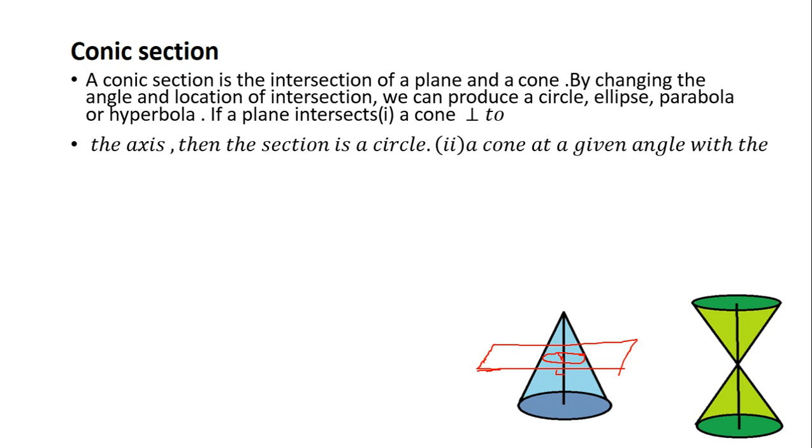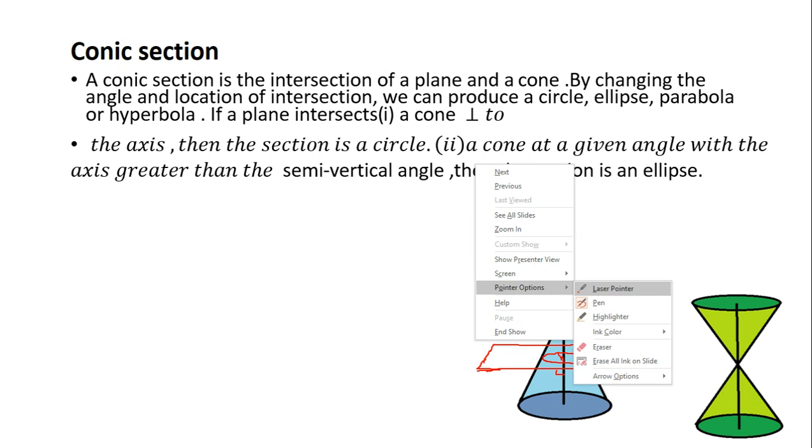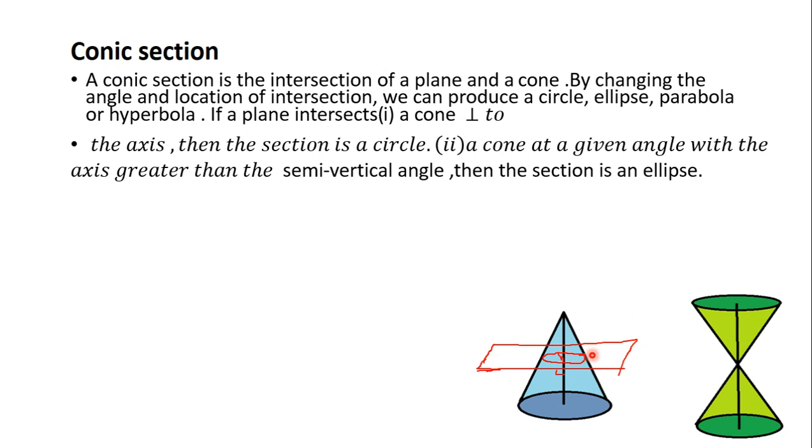If the plane intersects a cone at a given angle with the axis greater than the semi-vertical angle, then the section is an ellipse. In a similar way, the same plane intersects the cone at an angle with the axis greater than the semi-vertical angle, not perpendicular but greater.